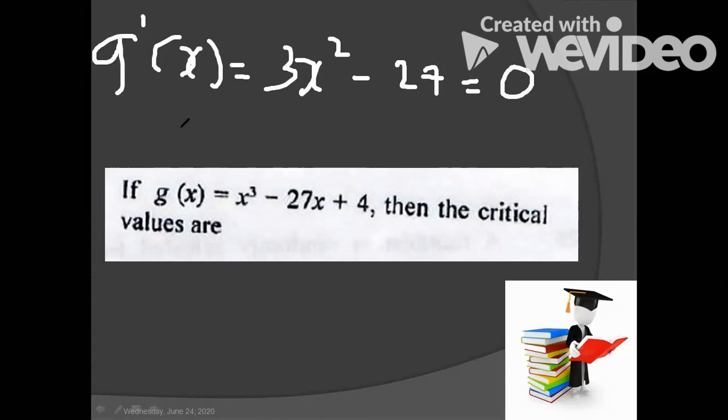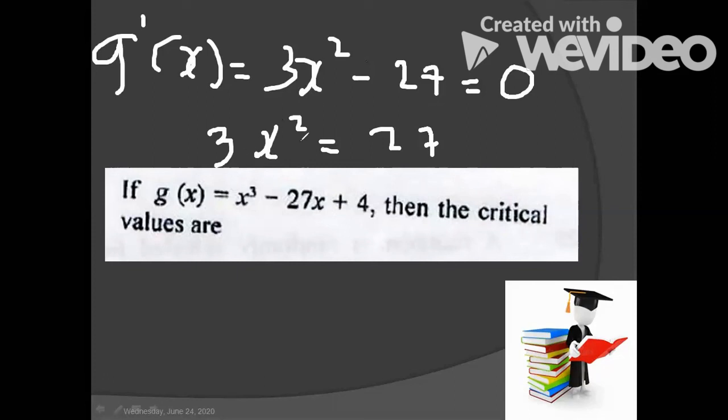So we're going to bring over negative 27, and we get positive 27. By the way, this is just one approach. I could have actually factorized this as a difference of two squares and solved it. So what I did is add 27 to the left hand side of the equation and also to the right hand side, and we end up with 3x squared equals 27.